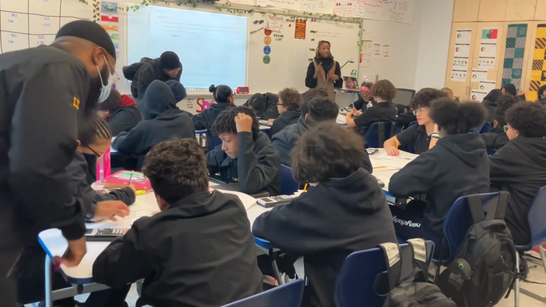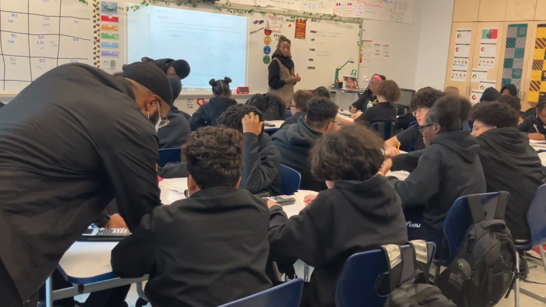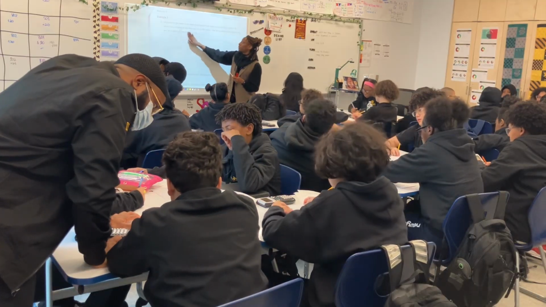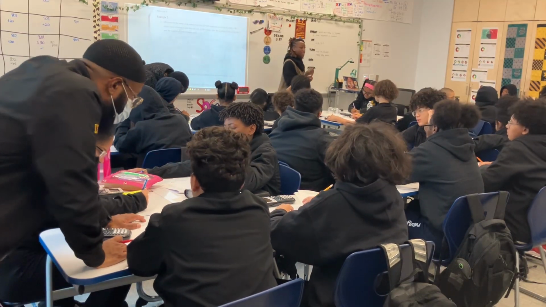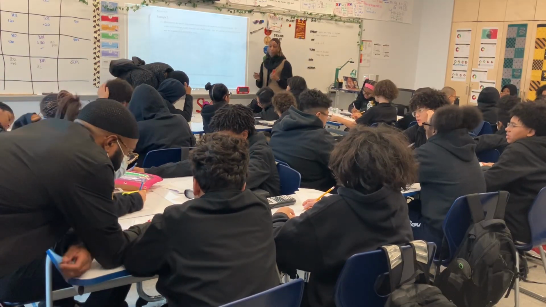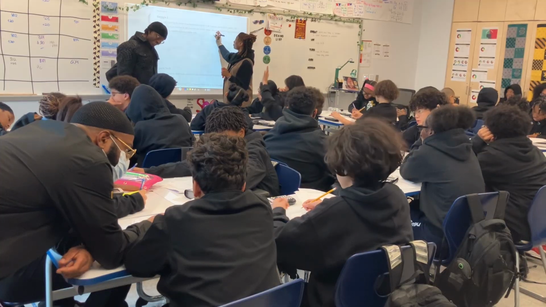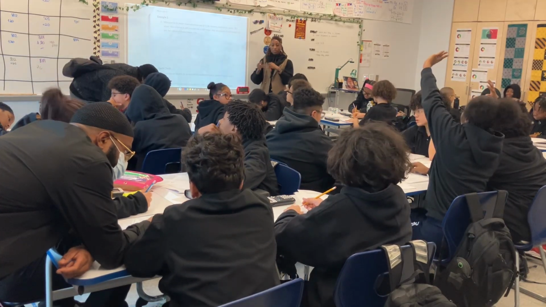Beautiful. As we walked around, I saw some strong setups, so let's go ahead and stamp it all together. Dylan, can you first tell me your variables, what you define them as, and the two equations you have set up? Before you give me the equation, define your variables for me.